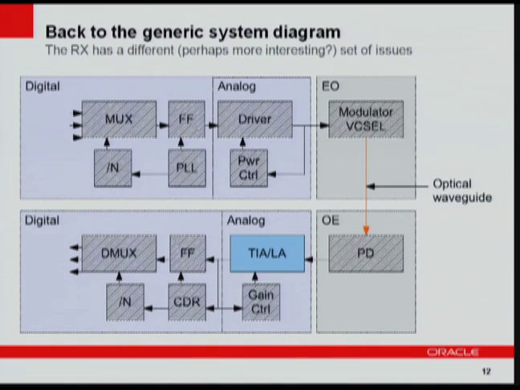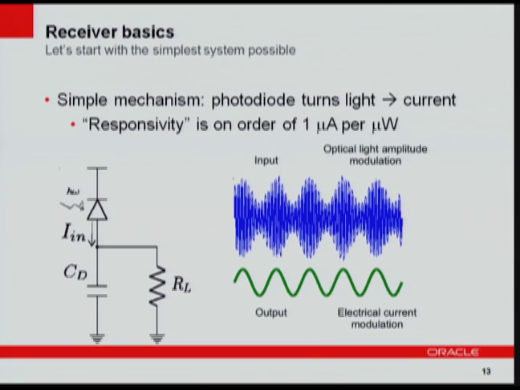I'll switch gears here and talk about the receiver side of things. You've seen this picture before, but now the optical amplitude variation through the optical-electric converter will be converted into some current. This here is a photodiode.